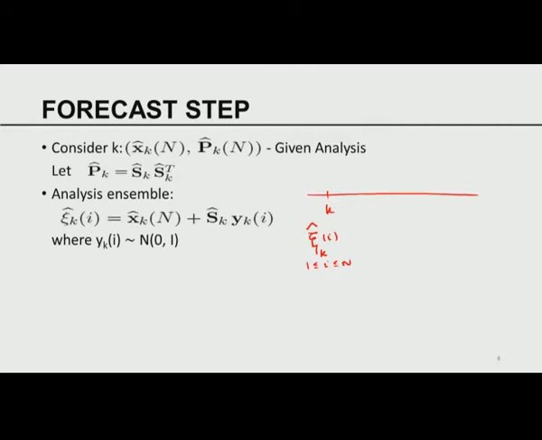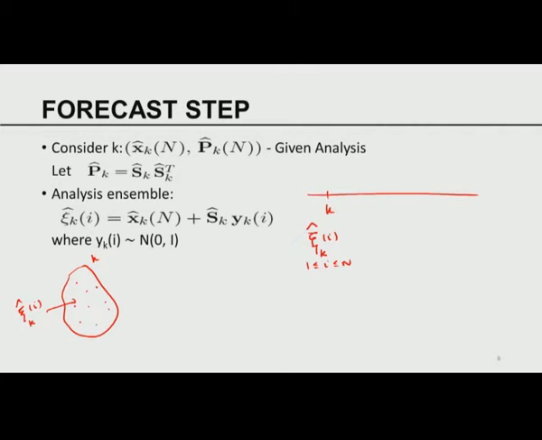Hat is analysis, superscript F is forecast. So let this be the analysis ensemble at time k. I have N of them, and each point of this is xi_k^i hat.